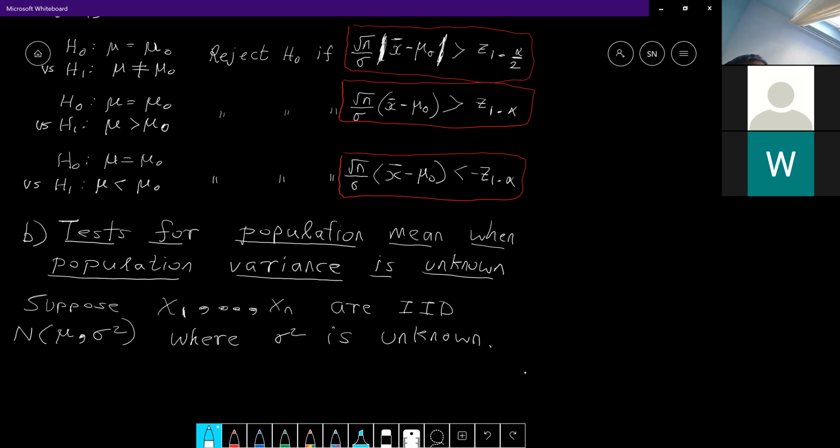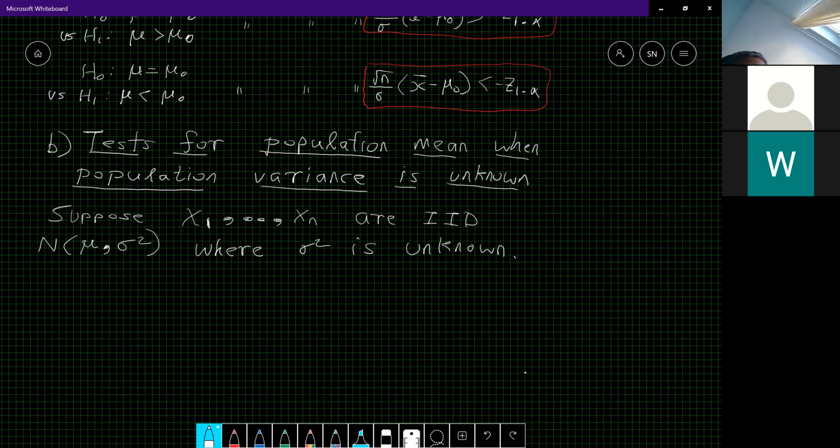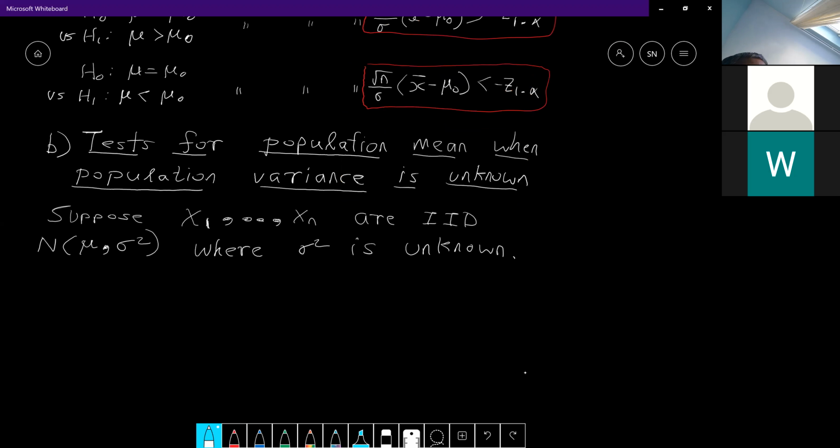Let me write down the rejection rules one more time. Before I do that, I need to rewrite the three sets of hypotheses.